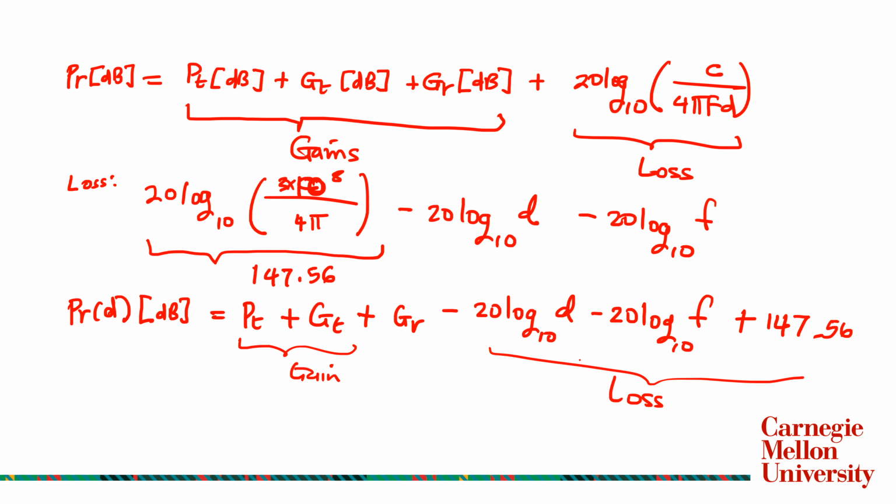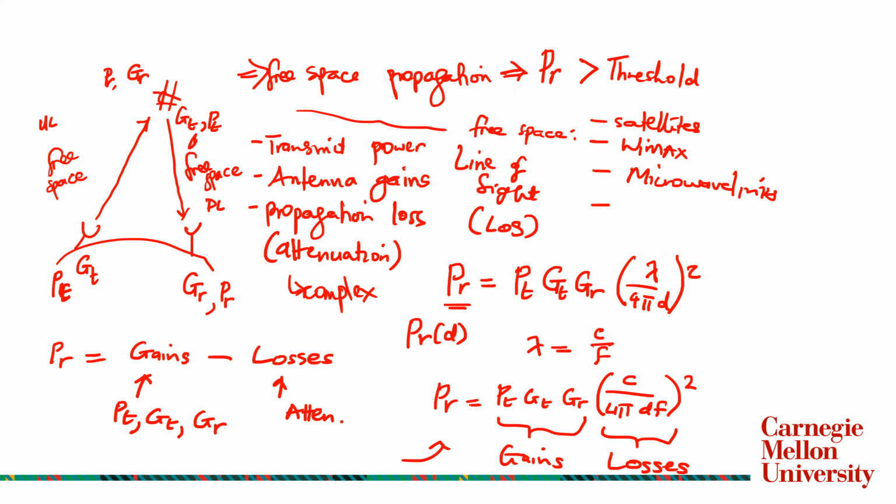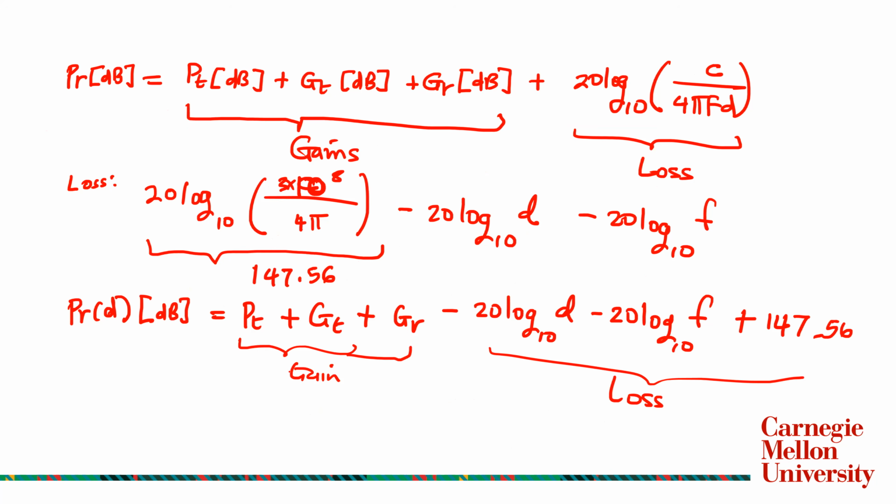Now obviously we need to remember that this is in dB. We've moved away from an equation that was using multiplications to an equation that is now made up of additions. Now, when we say loss, what is actually the loss? You need to remember the loss is already a negative term. That means that those now become positive.